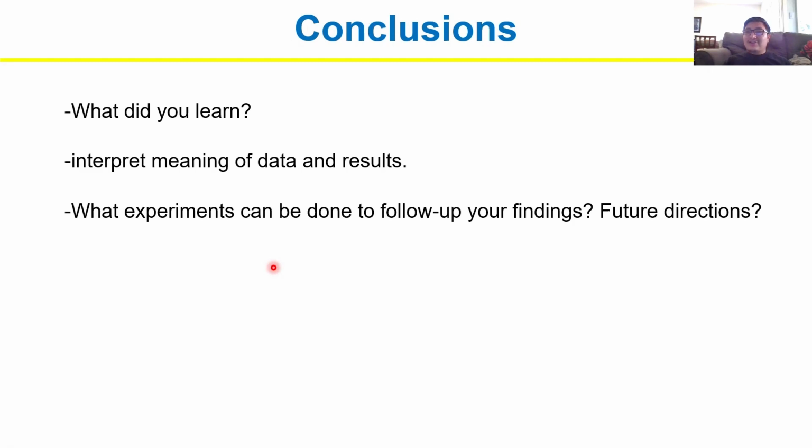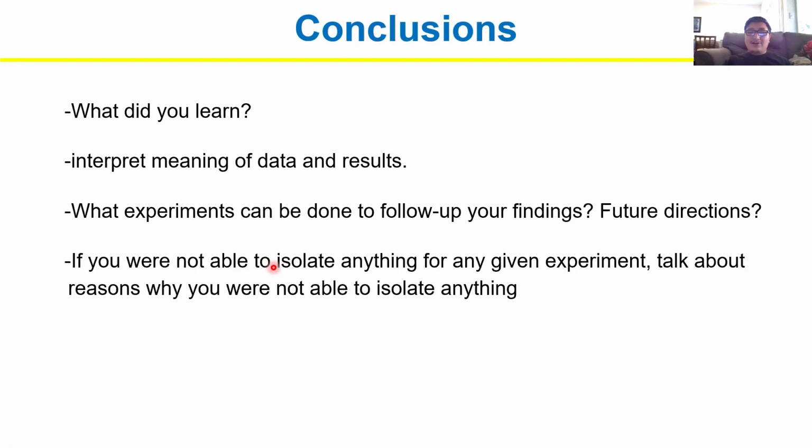So here you may have to do some reading, or use your imagination, as to what would be an experiment to follow up. There are times in which a target organism is difficult to isolate in the time frame that we have, and some of you might not get anything, but just because you don't get anything doesn't mean that you're going to leave this section blank.